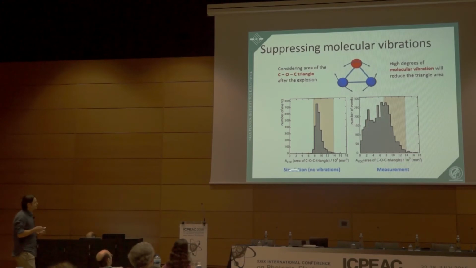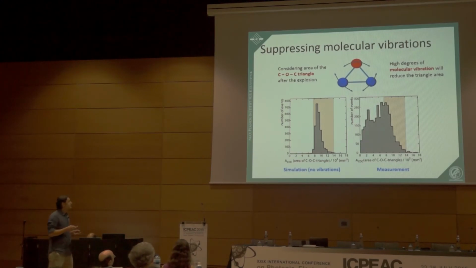We simulated the area of a non-vibrating molecule, and you can see this is really a very well-defined distribution. If we compare it to the measured distribution, you can see that high degrees of molecular vibration will start to reduce this triangular area. So what we did in the end is we accepted only events with an area lying in this region.